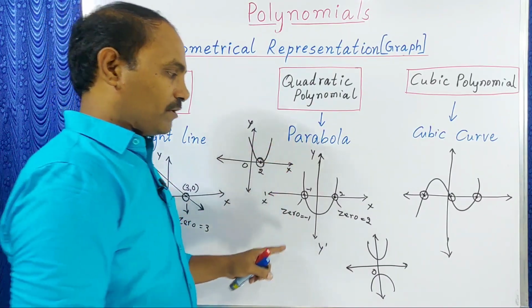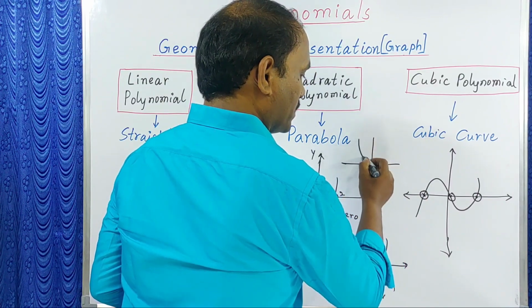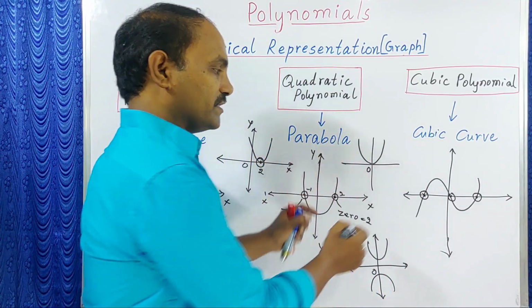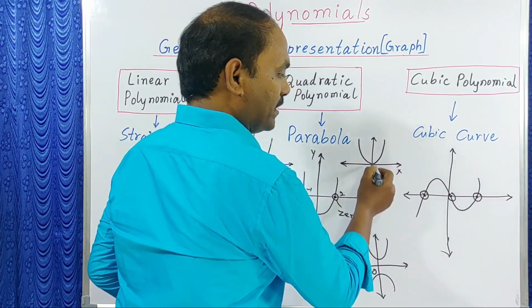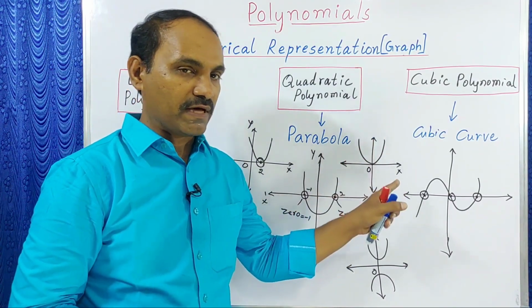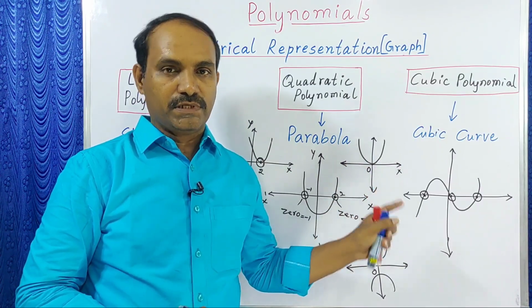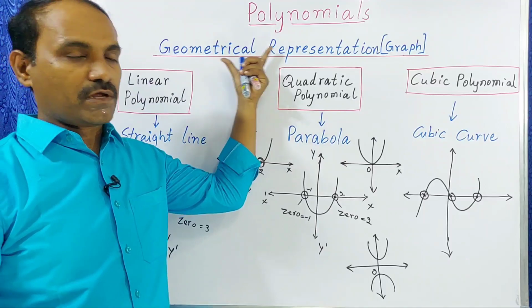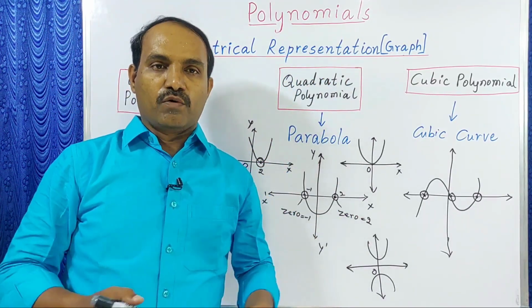If the parabola touches here like this at 0, then the zeros of this quadratic polynomial are 0 and 0, meaning two zeros are equal, and those values are 0. Is it understood? This one is the graphical representation or geometrical representation of polynomials. I hope you understood.